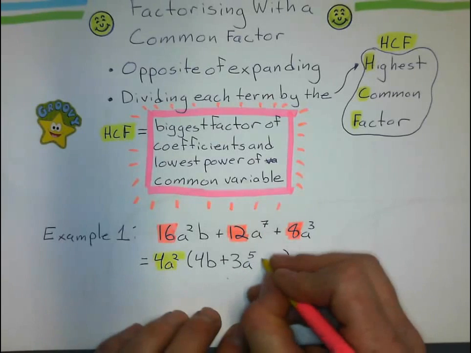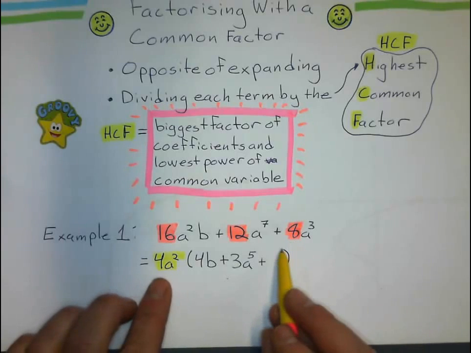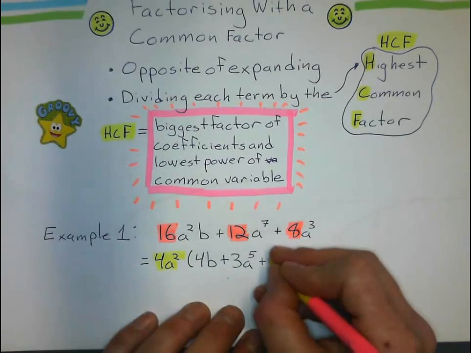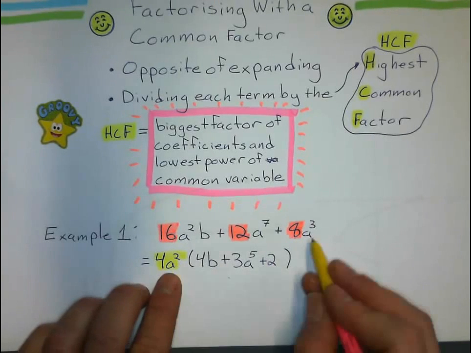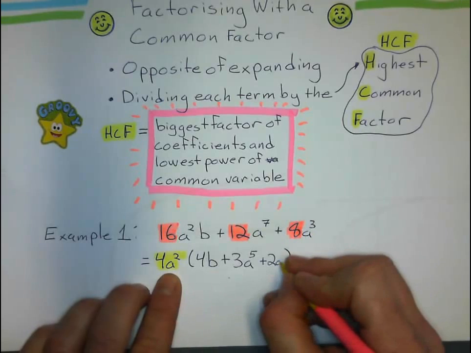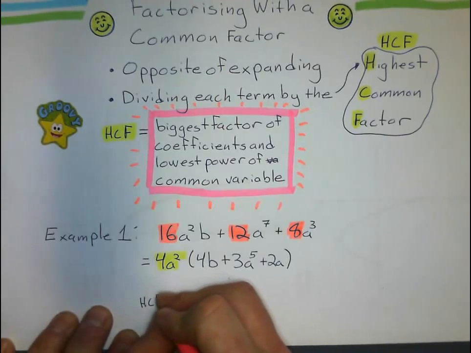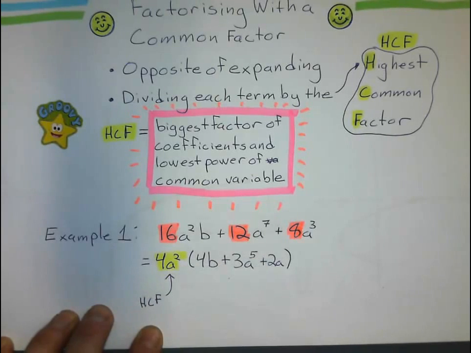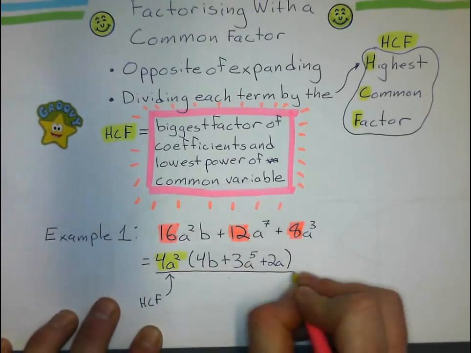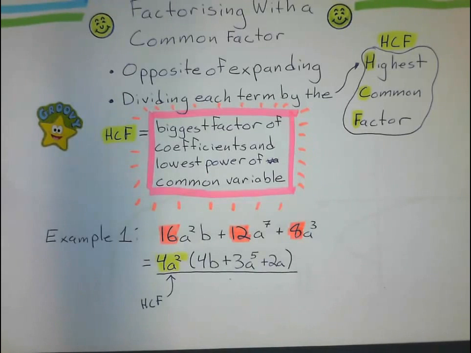And finally, that last term, 4 times what is 8? 2. And how many more a's do I need to get a cubed? 1. So right there, I've got my highest common factor 4a squared outside the brackets, and that is my factorized expression.